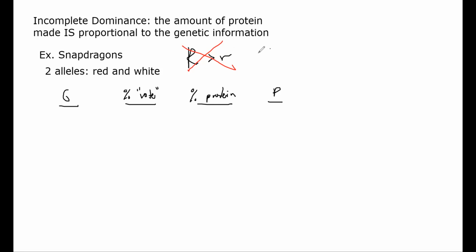The way we're going to write it is we're going to use the letter C to represent color, right? And both of them are going to use the capital C, but above that, we're going to put R and W. Okay, so the C^R stands for the red allele and C^W stands for the white allele.